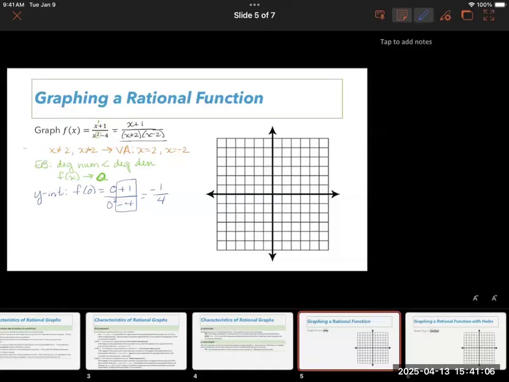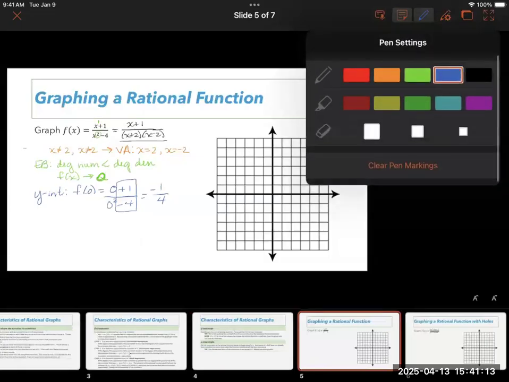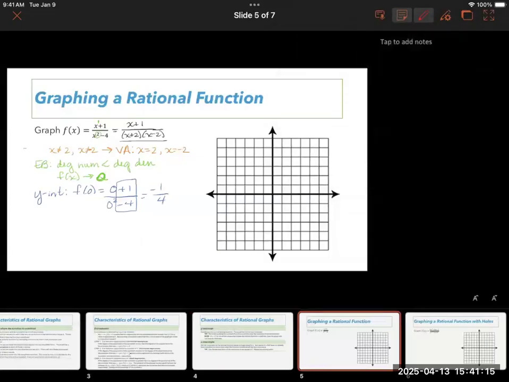So my y-intercept is going to be at negative 1/4. And then finally, we're going to look for x-intercepts. The x-intercept comes from taking the numerator and setting it equal to 0. So that means x is going to be negative 1.